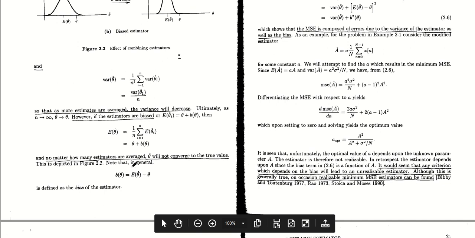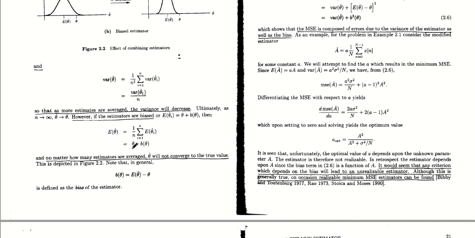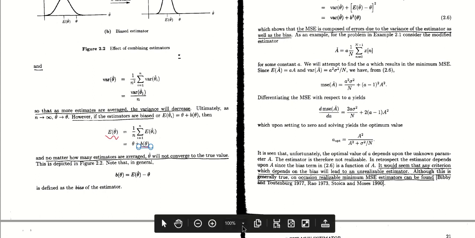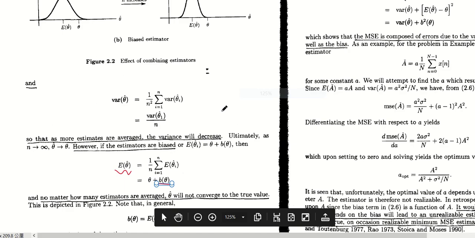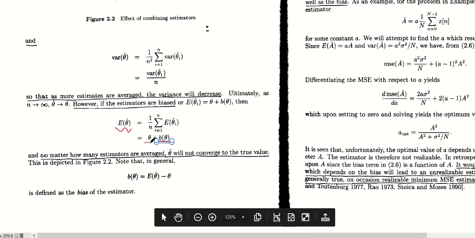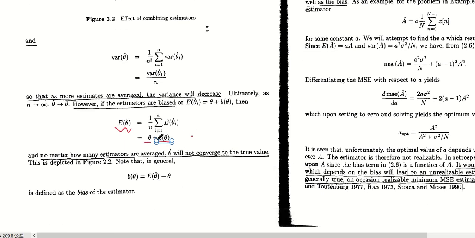If you have a constant deviation from the true value, for example, the expectation of the estimator is always equal to the true value plus a bias B, then that B is called the bias.